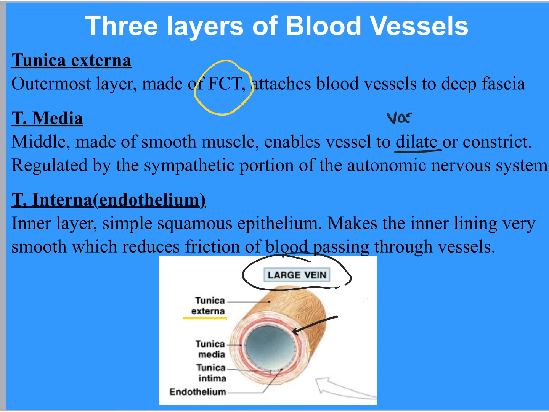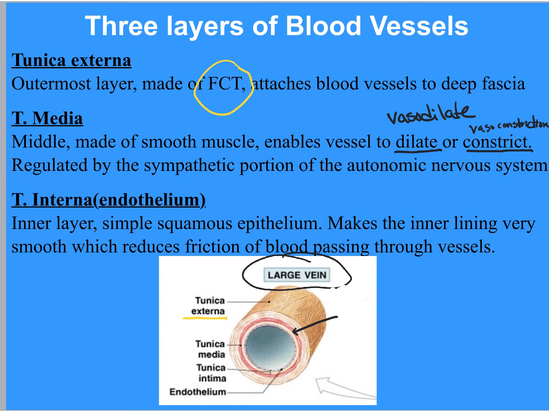We often use the term vasodilate. Vaso means vessel, so vasodilation means blood vessels get wider when that smooth muscle relaxes. Or when that smooth muscle contracts, it constricts, or the diameter of the blood vessel narrows. We call this vasoconstriction. You'll learn more about this in physiology.